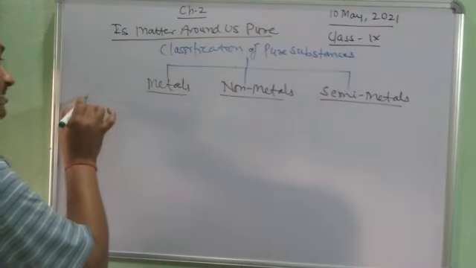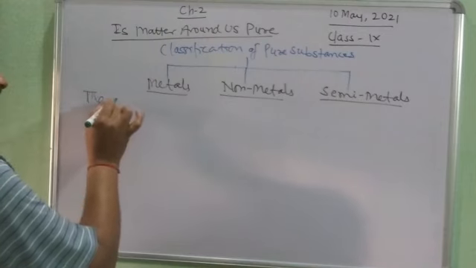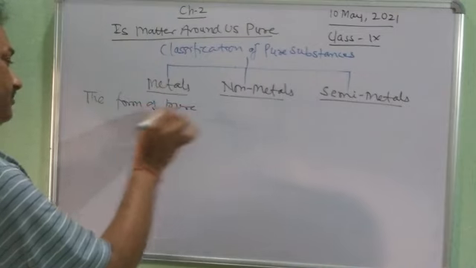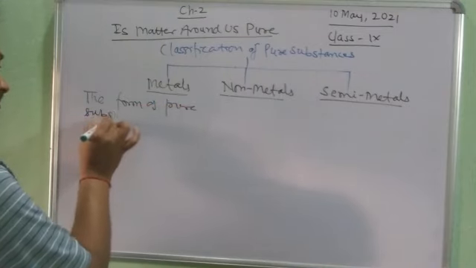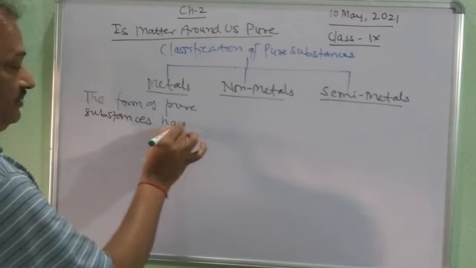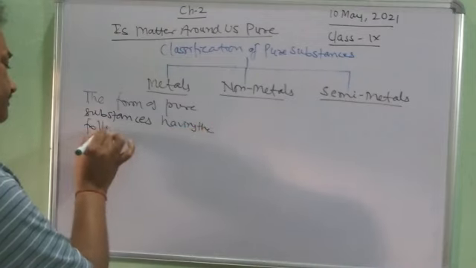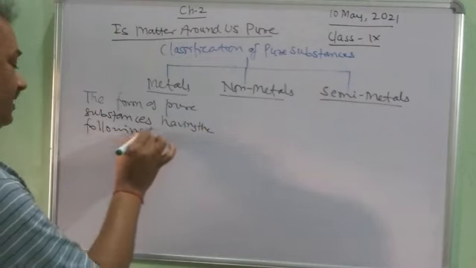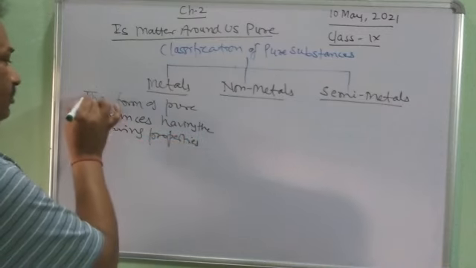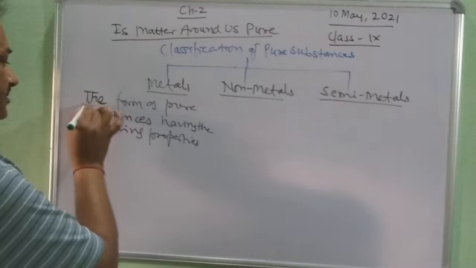So metals are a form of pure substances having the following properties.